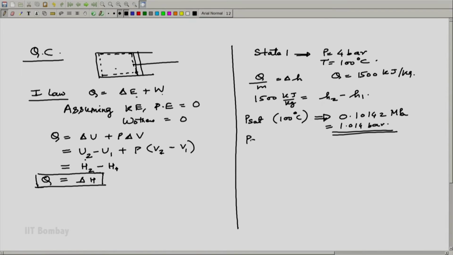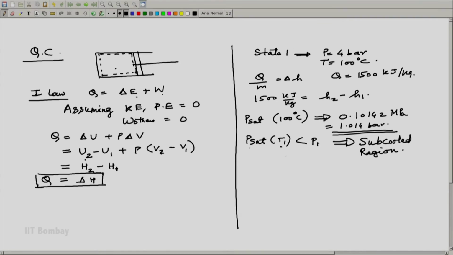That means Psat at T1 is less than P1. What does it mean? If Psat at T1 is less than P1, we are in subcooled liquid region. We are in subcooled region or compressed liquid region, alright.